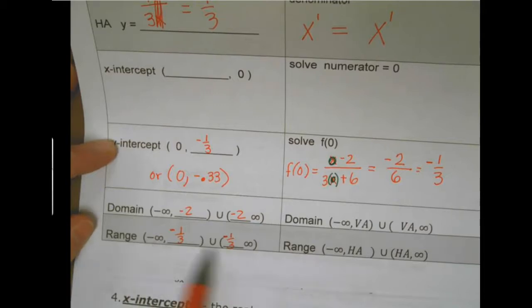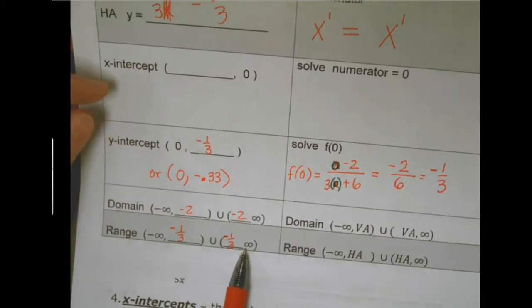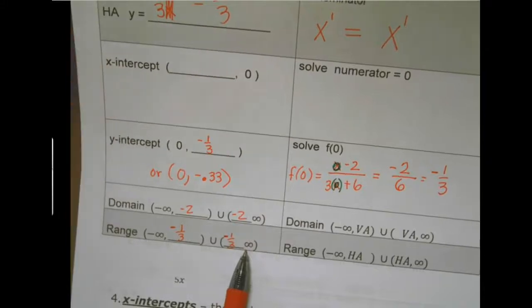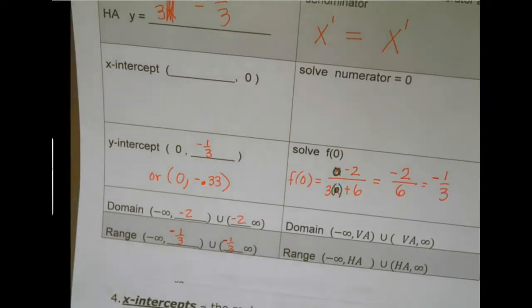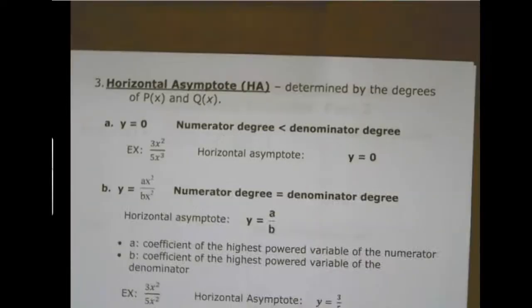What this range is telling me is we go from negative infinity to the asymptote at negative 1/3. We stop at the asymptote, we skip over the asymptote, and the other part of the graph goes from negative 1/3 to infinity. That will become a little more clear when we actually put all the things on the graph. That's what comes tomorrow, is taking all these asymptotes, the x-intercepts, the y-intercepts, putting it all on the graph paper and seeing what the graph looks like.